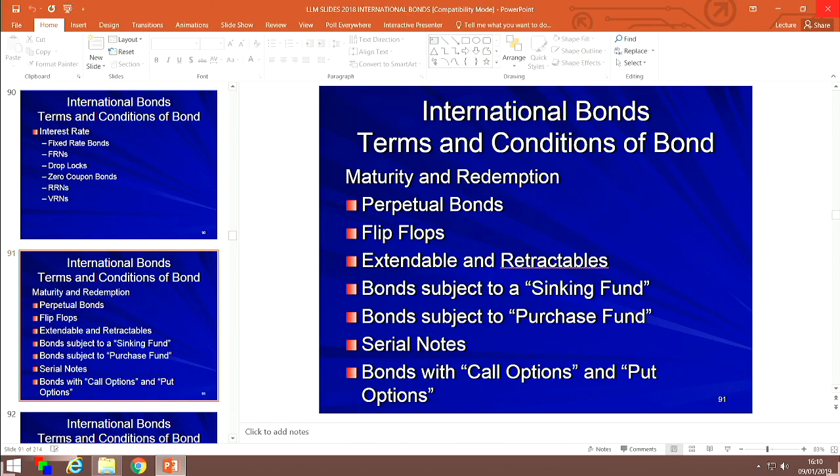The commonest one is the purchase fund, whereby there's a schedule of installments which sets out how much, what percentage, an issuer must redeem and in what year. Year 5, year 6, year 8, year 10, year 15, whatever the number is. And a percentage must be redeemed at that time.